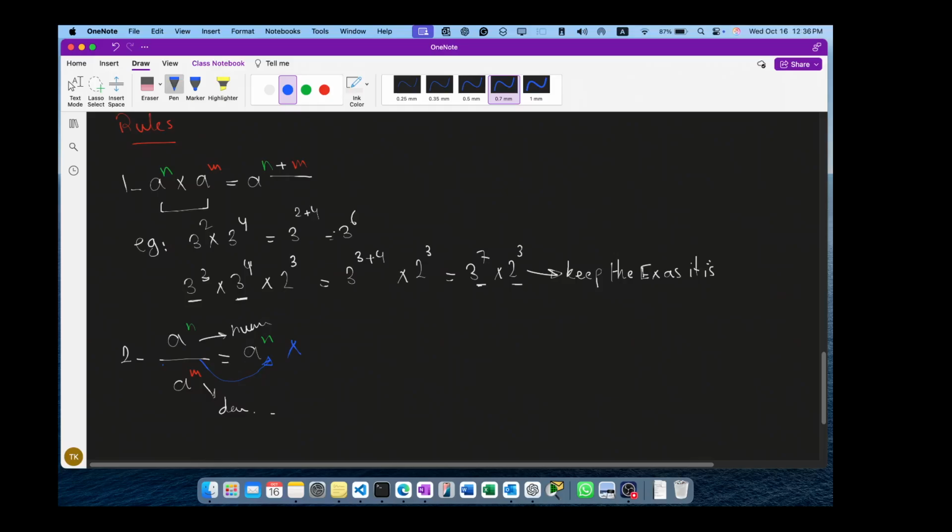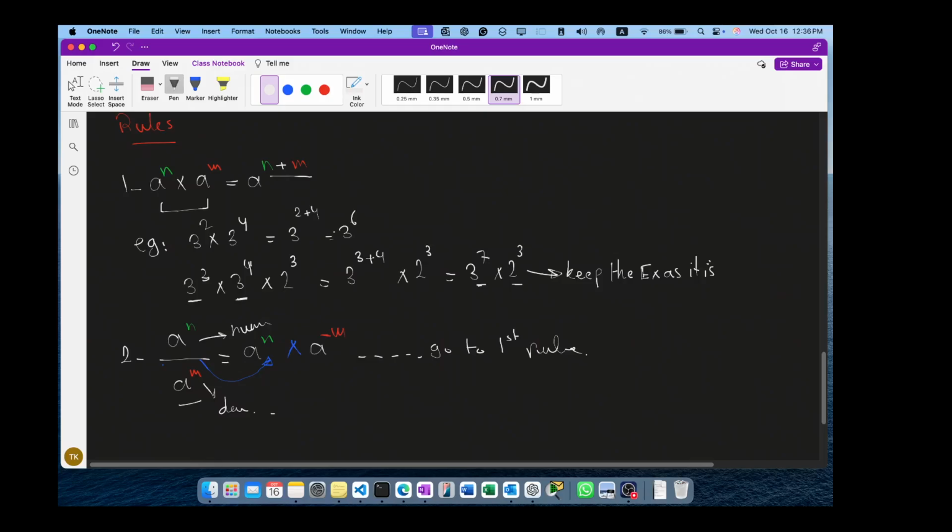So what will happen to the denominator? The base stays itself, and I will flip the sign of the power to minus. Now you can go to the first rule, right?